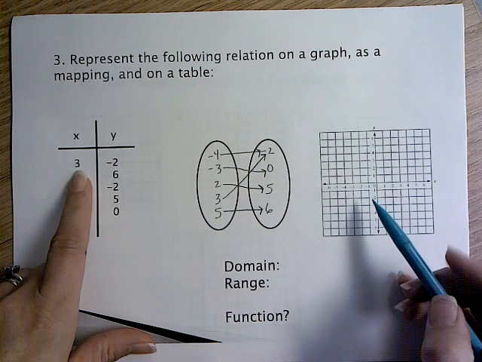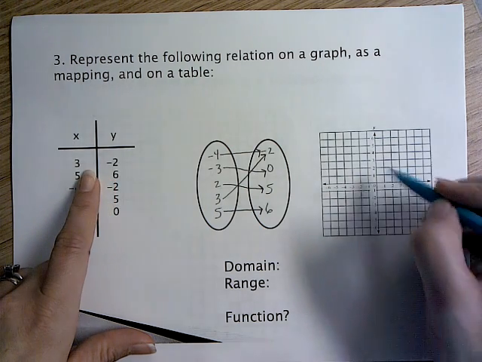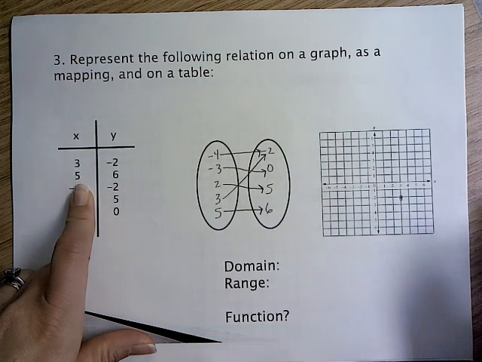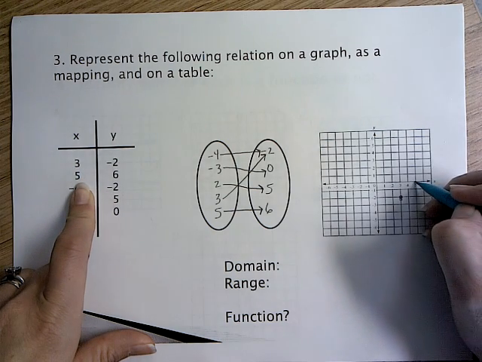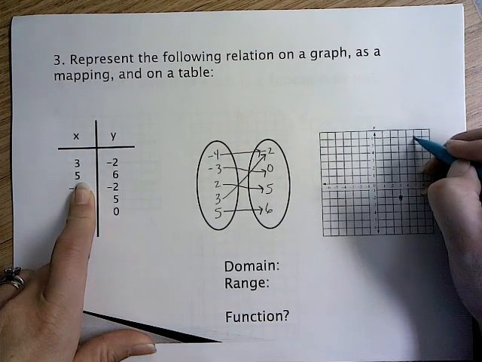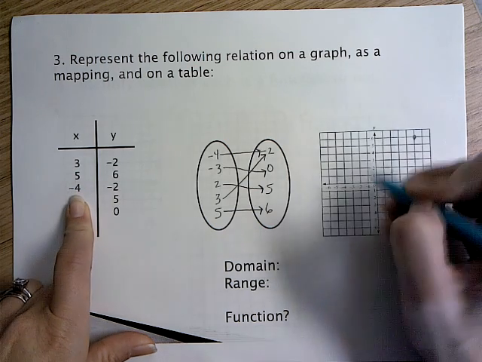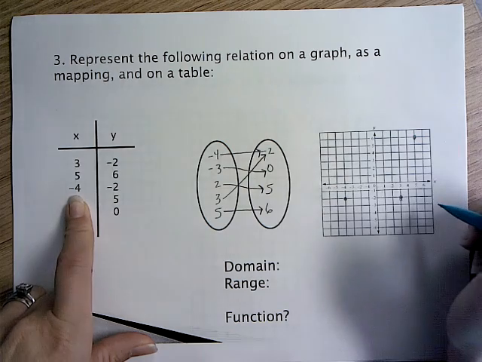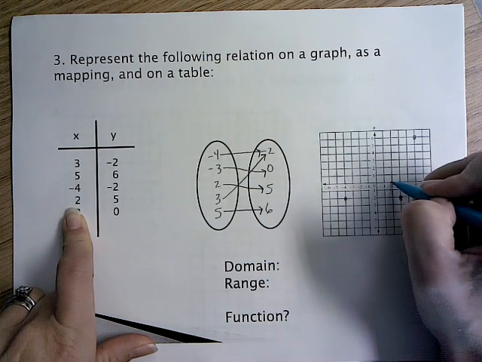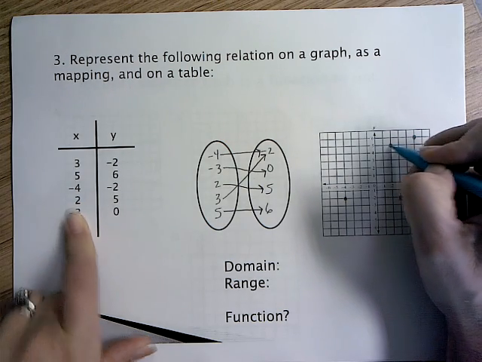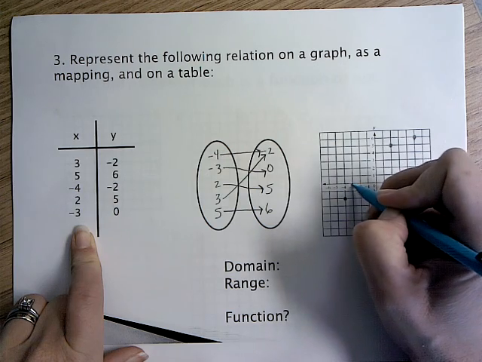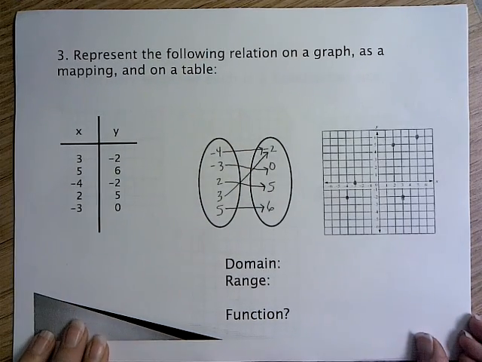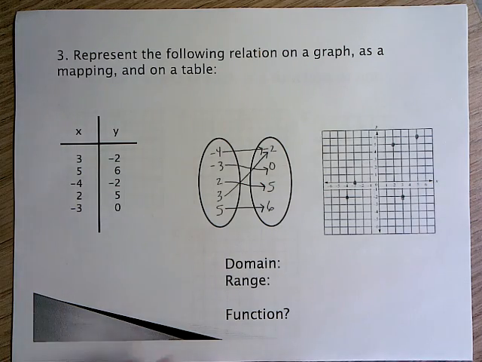Now I can graph 3, negative 2. 5, 6. That's positive 5, positive 6, x and then y. Negative 4, negative 2. 2, 5. And then negative 3, 0. Again, we're not connecting dots because we're just graphing a specific relation.